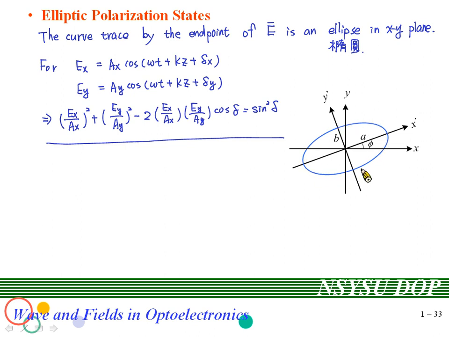But we don't like to look at it in this way, so we use a coordinate transformation to form a normal elliptic equation.